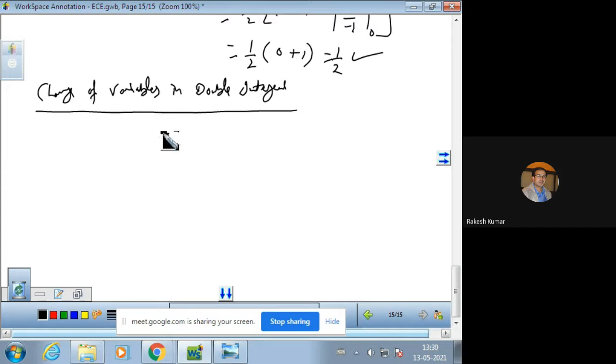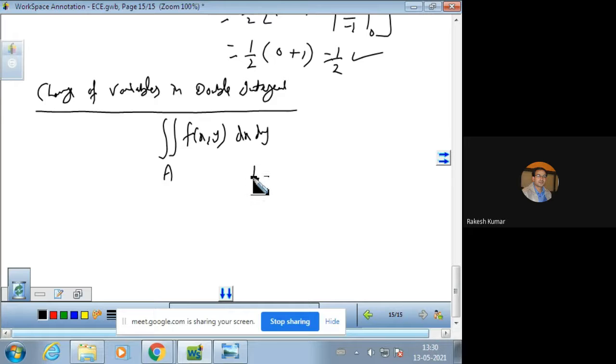So in double integration, for a function of x y, if you need to evaluate the double integral of f x y dx dy over the area A, it means you have to use a substitution.